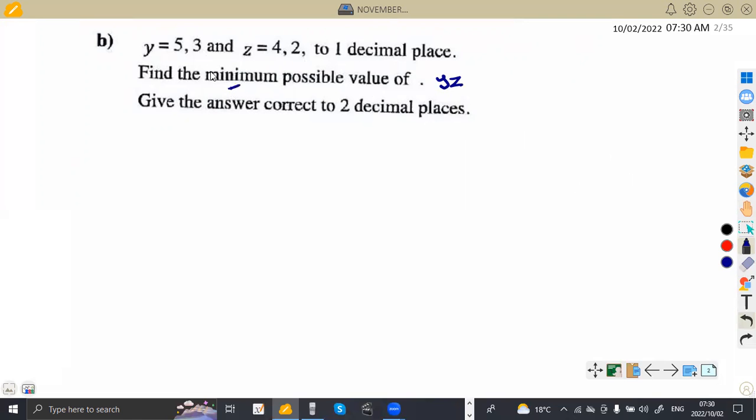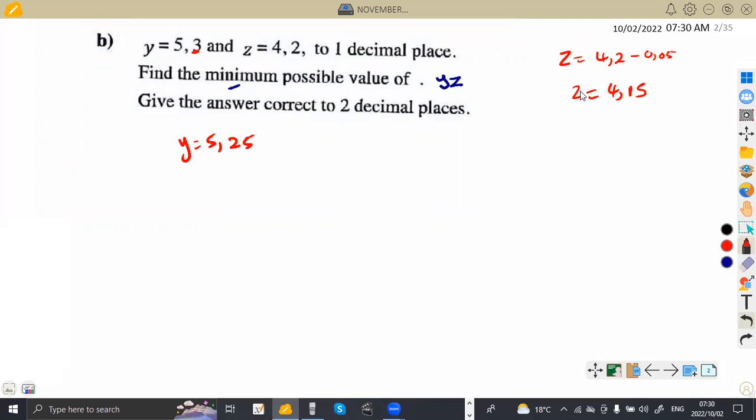So the minimum possible, which means you're working with the smallest or the least possible value. So this 5.3, before it was written as 5.3, definitely, I told you subtract 1 digit, so it's going to be 5.25. So you're actually subtracting 0.05 from this part here. All right, same thing for z, you're going to subtract 0.05, just like what we did, and this is going to be equal to 4.15.